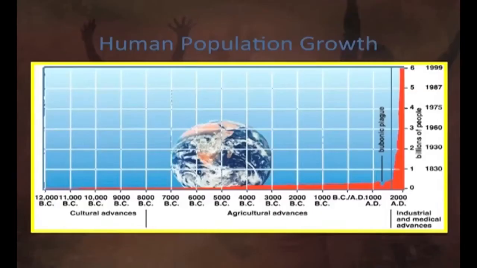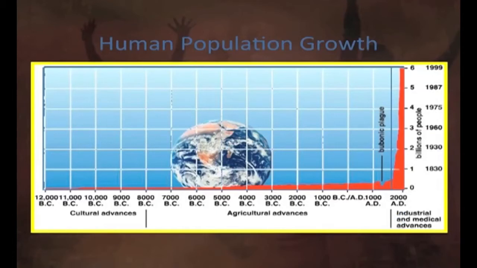So because of these factors, in the last few centuries there is a population explosion with reference to humans. You can see in this graph very clearly the time span is from 12,000 years before Christ till the present 2000 AD.